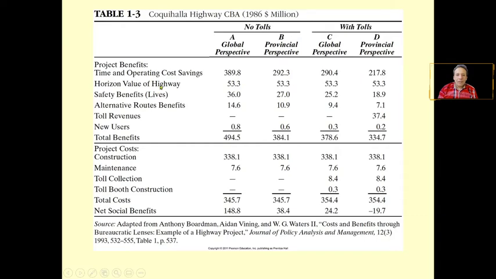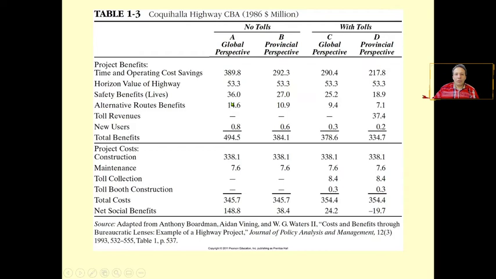This is the value of the highway. This is the safety benefits, or lives. We need to quantify that in monetary terms, unfortunately. What are the benefits in terms of lives? As you can see, from the global perspective it's higher than in the provincial perspective. Again, the global perspective is broader. It's going to take into account the lives of everyone.